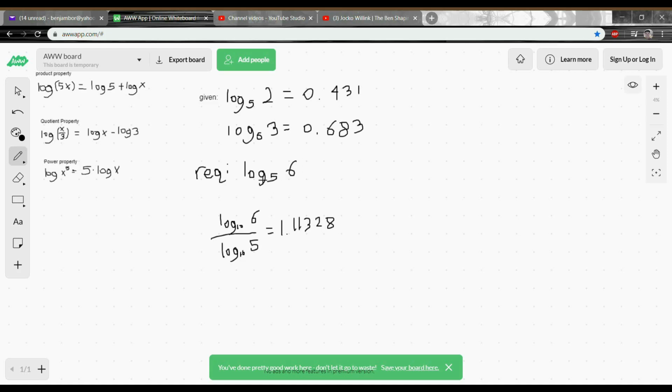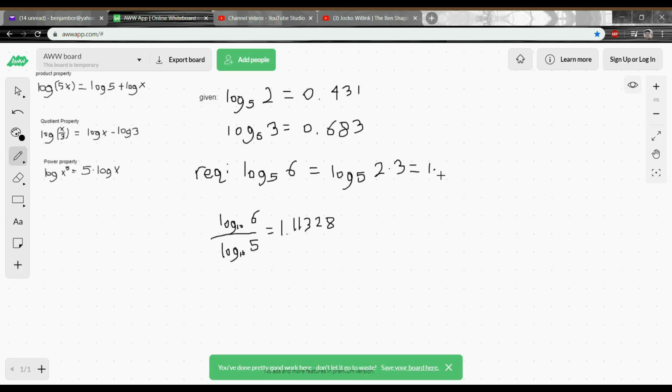So to do that, we can recognize that 6 is the product of 2 and 3. So let's write this as the log base 5 of 2 multiplied by 3. And now that we have that, we can use our product property to split this up.